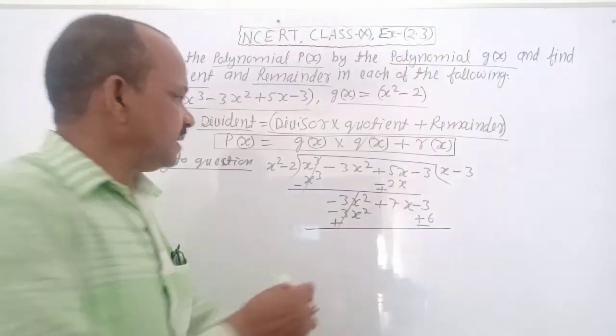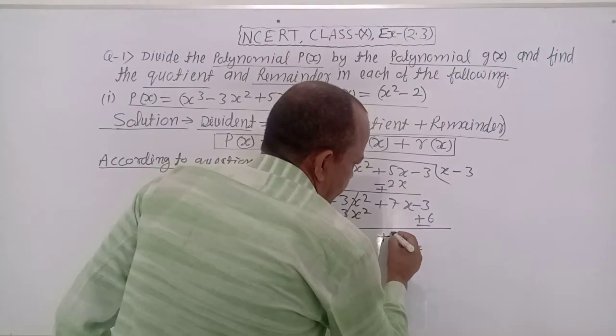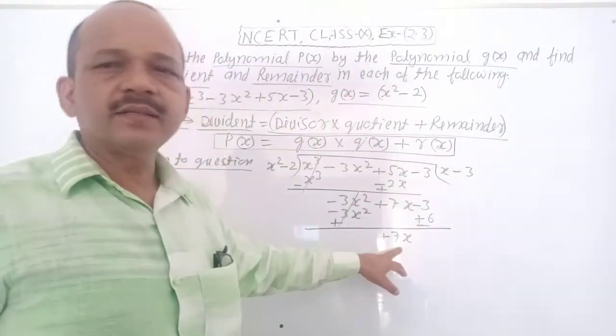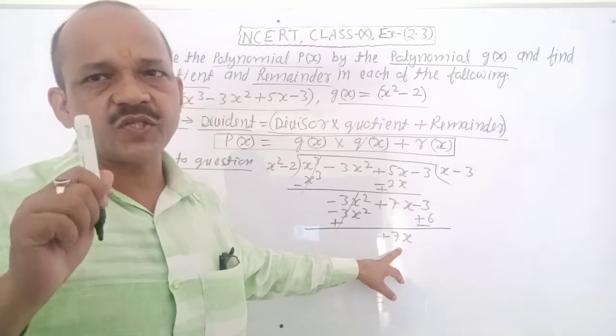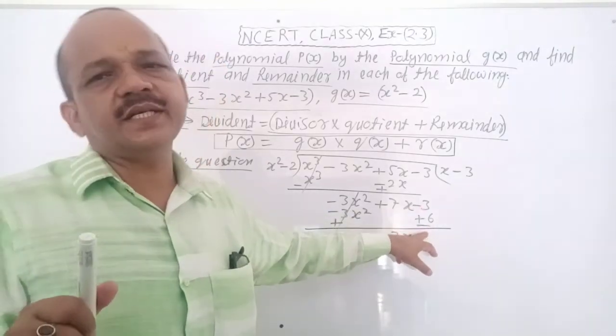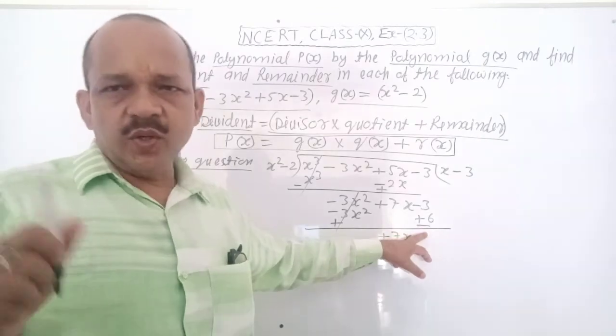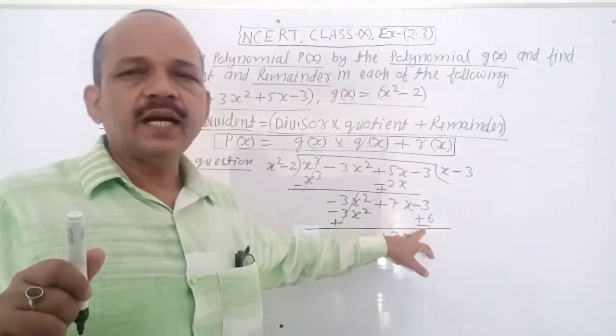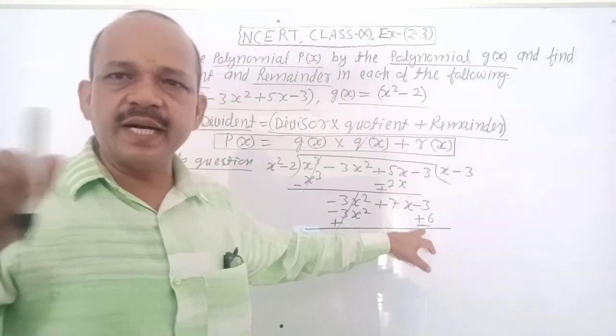Here plus 7x. Same. You write plus 7x. Here minus 3 and here minus 6, so you can add it. Minus 3 and minus 6 become minus 9.